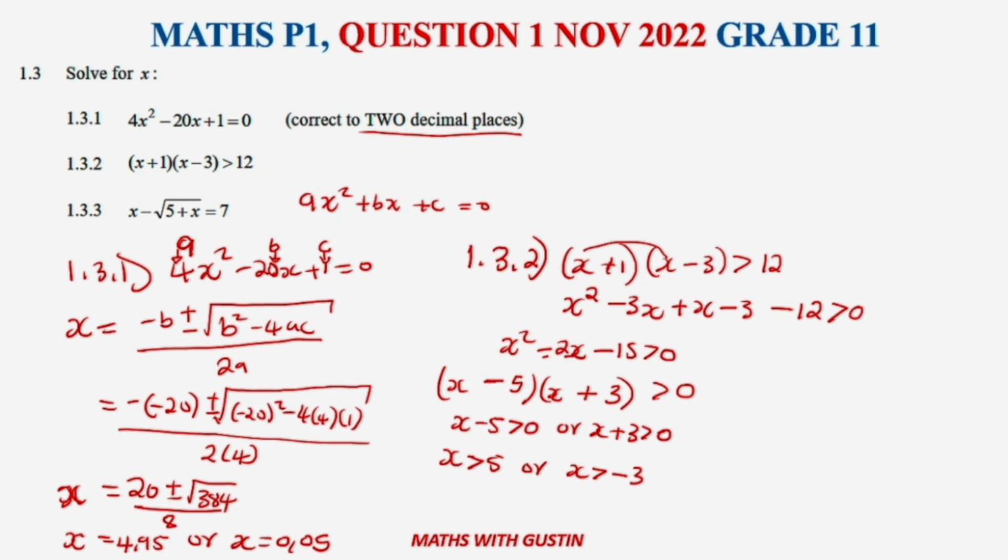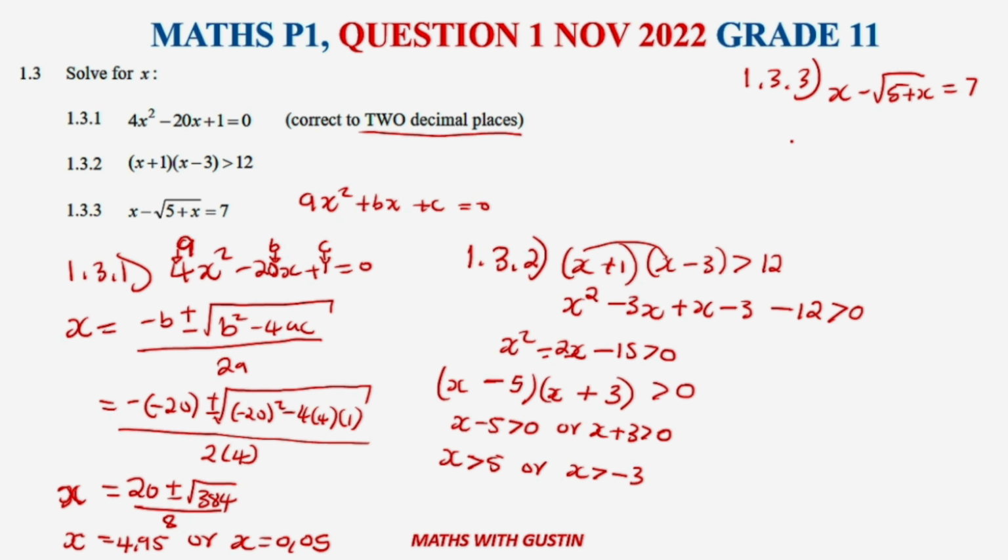Now let's move to 1.3.3. Great stuff. What you have here is x minus the square root of 5 plus x is equal to 7.